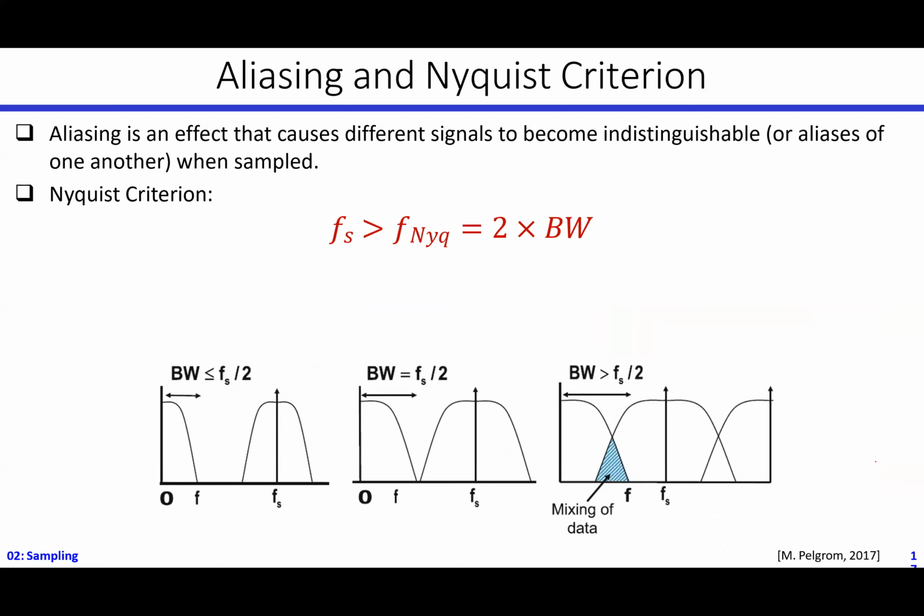Again, remember that my Nyquist criterion is that I should have my sampling frequency at least 2 times my bandwidth. So here, if my bandwidth is much less than Fs, it means I'm using a high sampling frequency.